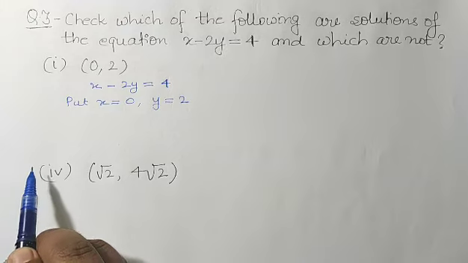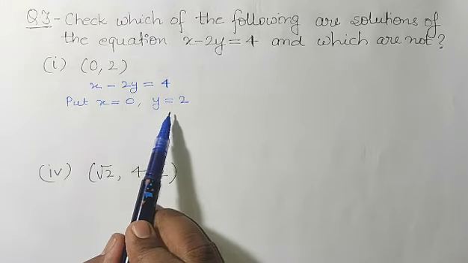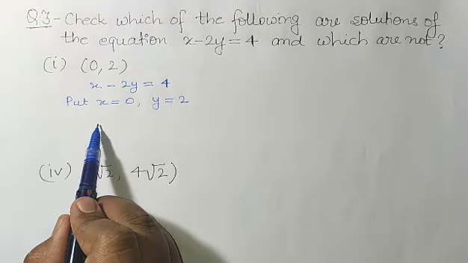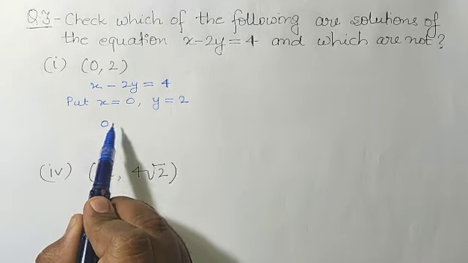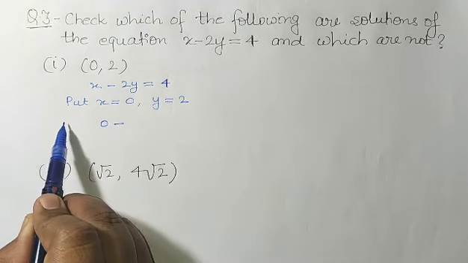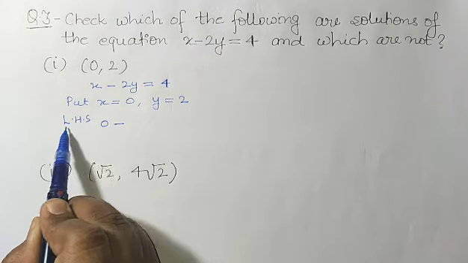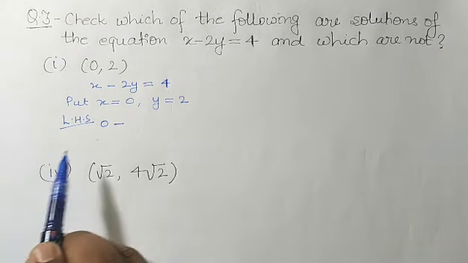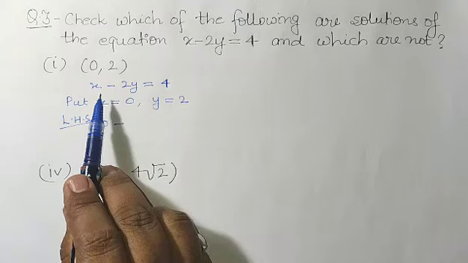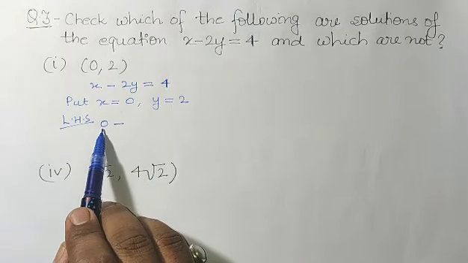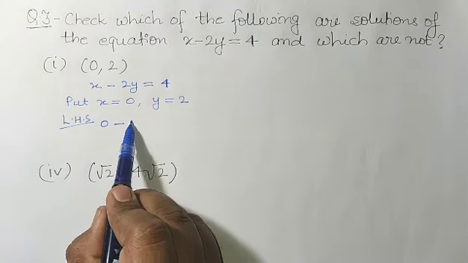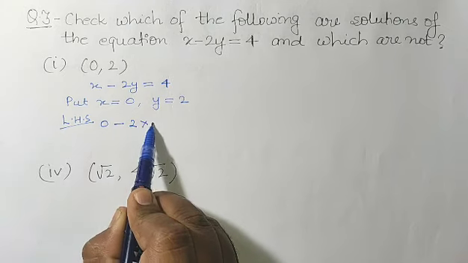Okay, so when we put x is equal to 0, y is equal to 2, firstly we'll solve the left hand side. At the place of x we have put 0 and at the place of y we are going to put 2.